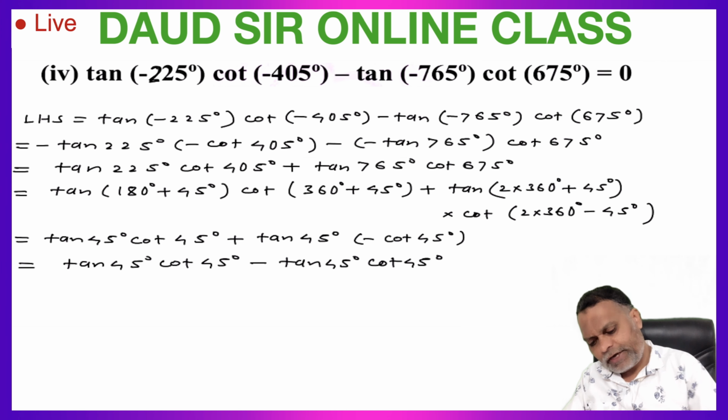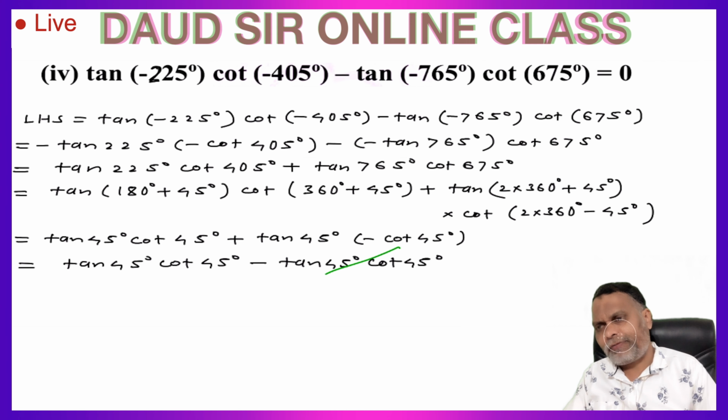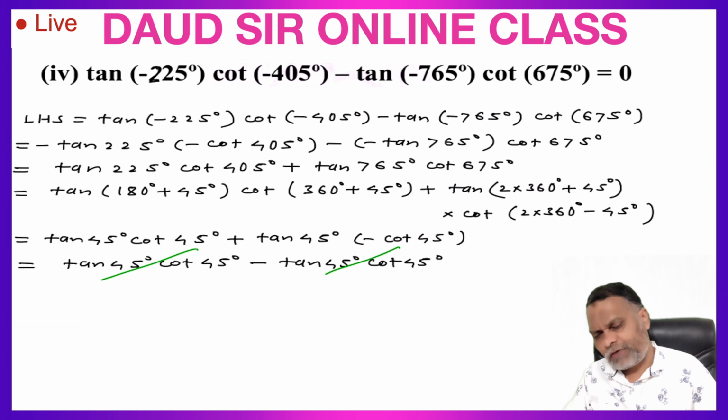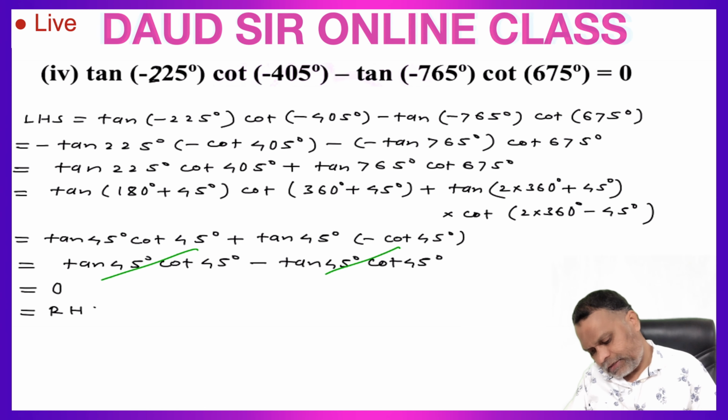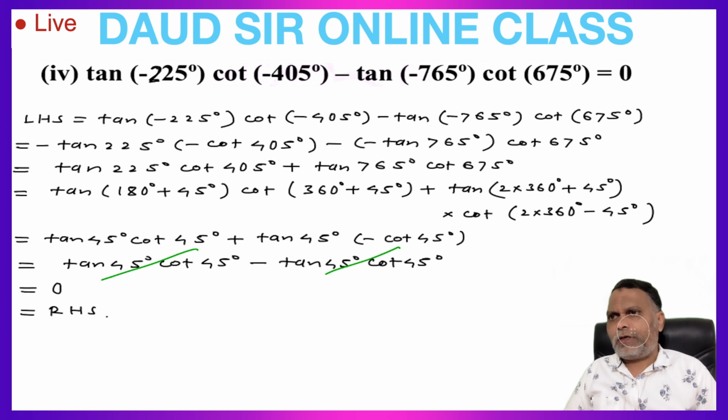Same terms, positive and negative, the negative tan 45 cot 45 and positive tan 45 cot 45 cancel, which is equal to 0, equal to right hand side. In this way we can get 0.